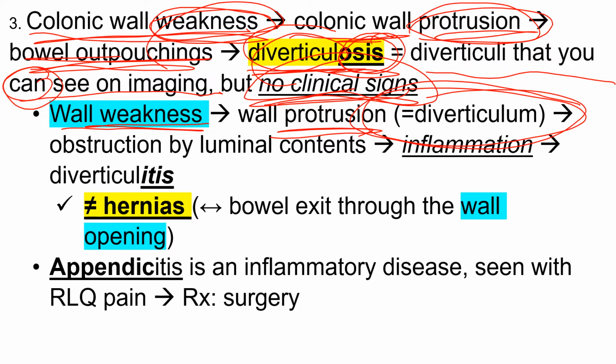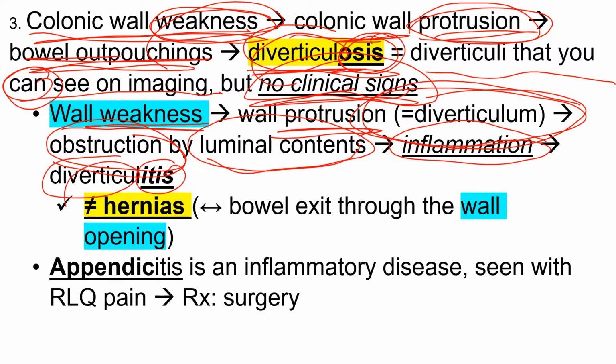There may be sometimes obstruction of that finger-like projection, let's say at the base of the finger, by something in the luminal contents, and we may cause an inflammation of that finger-like protrusion, right? So the finger-like protrusion is inflamed, itis of the diverticulum, diverticulitis.